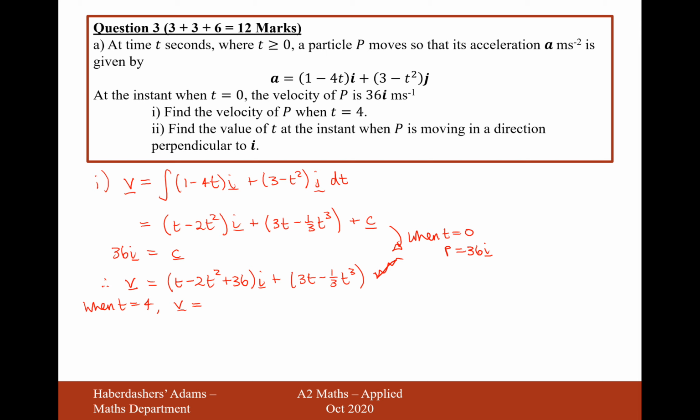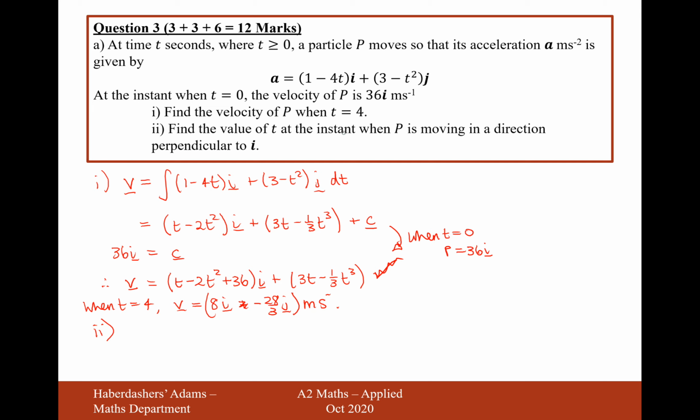And that's going to give us an answer of 8i, plus 3 times 4 minus a third of 4 cubed, and that's going to give us an answer of minus 28 over 3 j. That's going to be meters per second. So there we are, that's our answer to part i, finally.